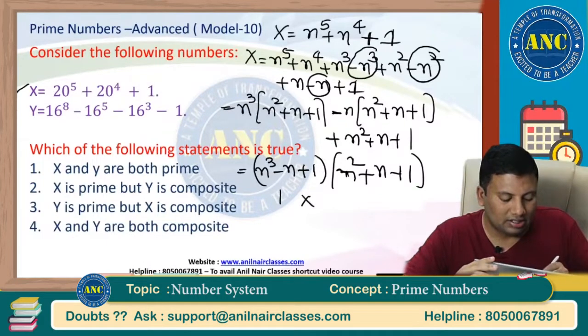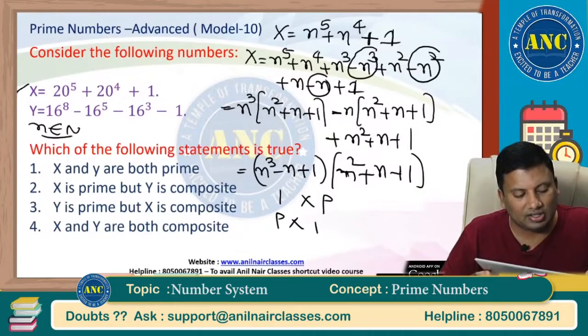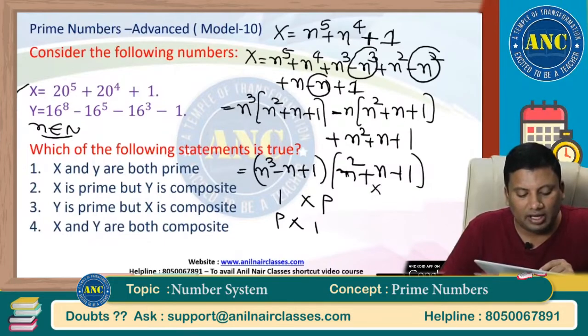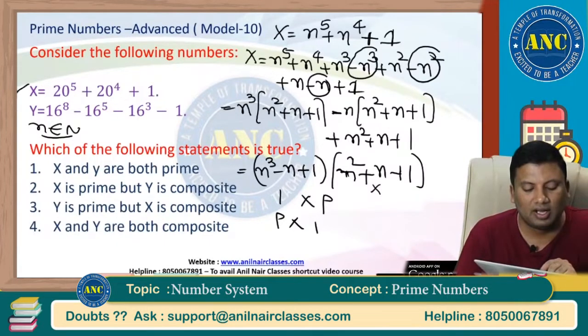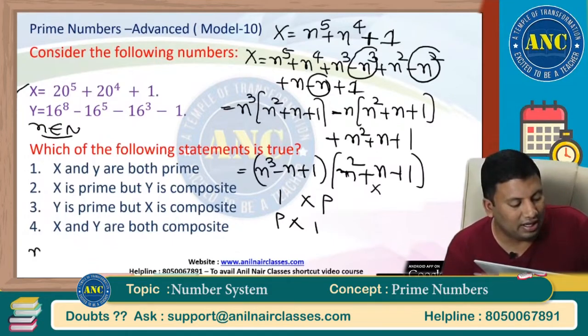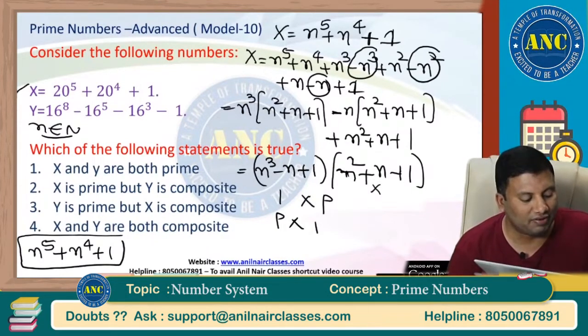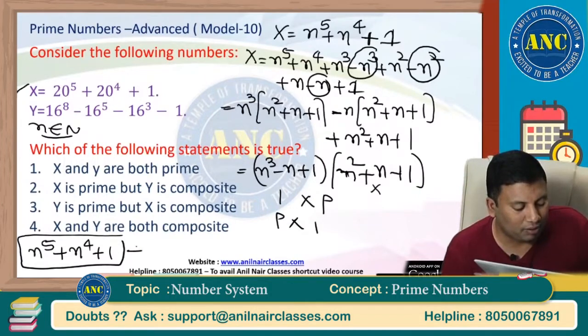Both of them cannot give me the value 1, right? Because n is a natural number. If n is a natural number, 1 plus a positive number will be positive, so it cannot be 1. If n cube minus n plus 1 is 1, then n into (n square minus 1) will be 0. That is also not possible. Very, very important concept: any number of the form n power 5 plus n power 4 plus 1 is a composite number.